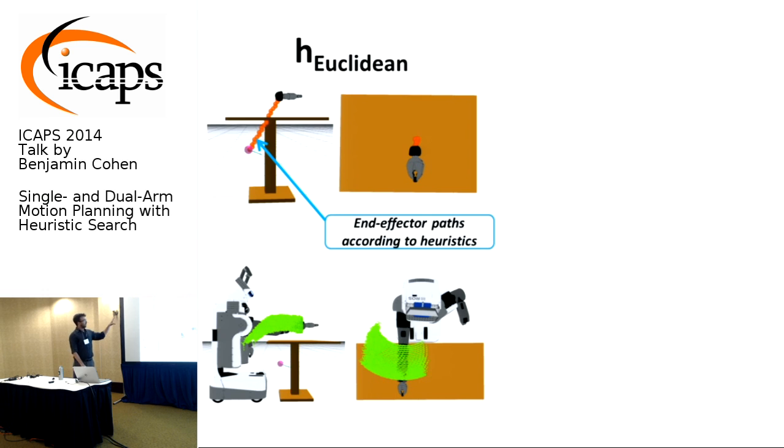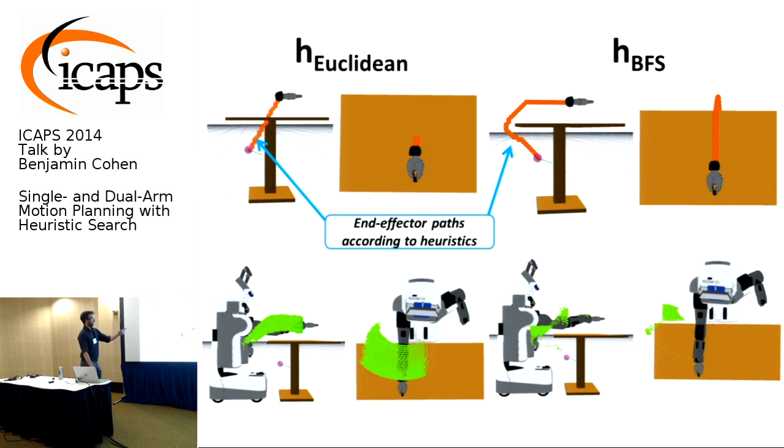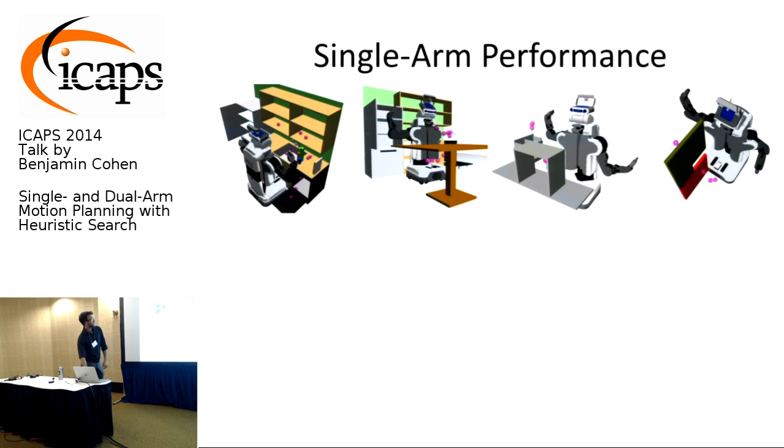And here we're using a very high epsilon, an epsilon of 100, to show you, if we were to trust this heuristic all the way, what would be required to compute a path. Now, the BFS heuristic that we just described would say go around the table. And with the epsilon of 100, these are the states required to expand to compute that path. So we found the BFS accounts for obstacles nicely and really helps.